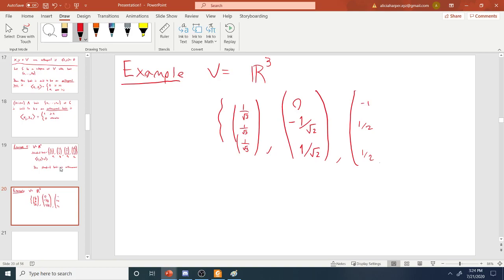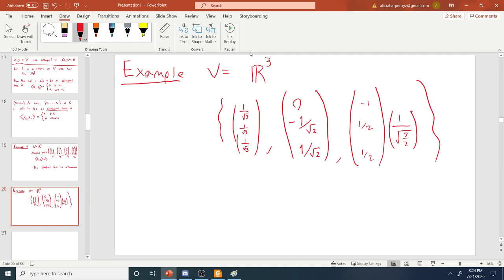And now I have to look at the length of this thing. The length will be the square root of 1 plus 1/4 plus 1/4. So I'll just multiply this vector by 1 over the square root of 3 over 2.